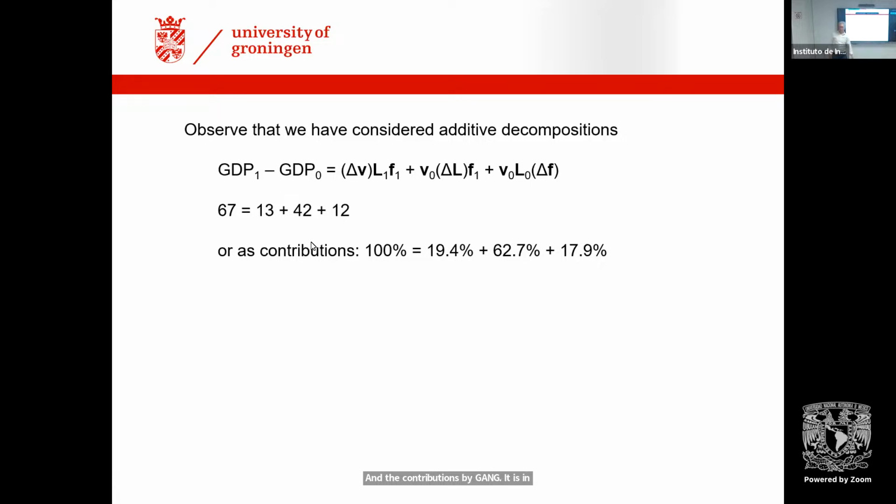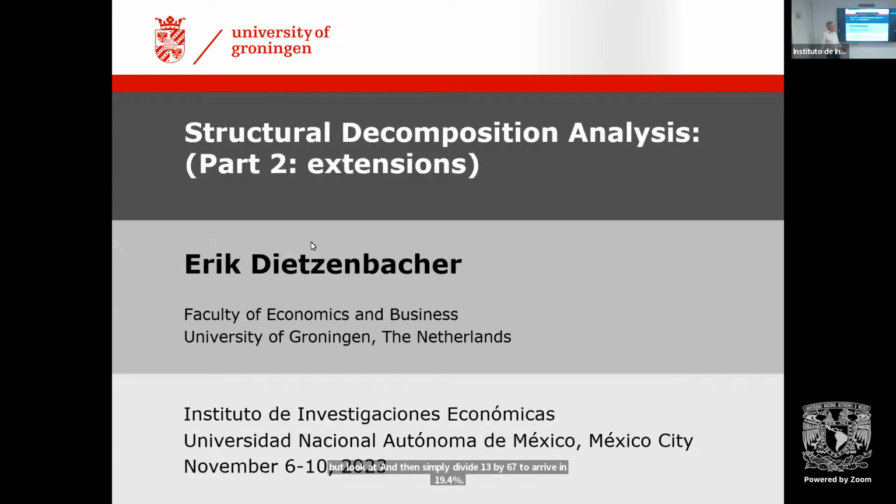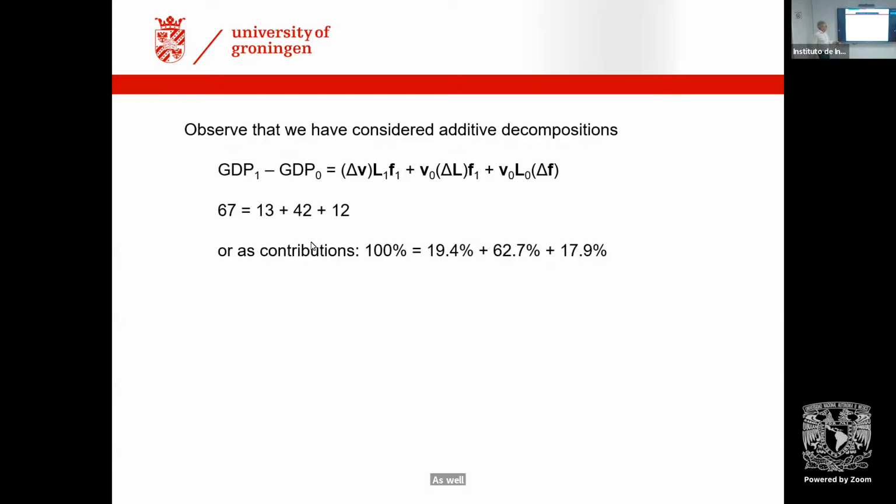What people often do is not look at the total, but look at the percentage contributions. And then simply divide 13 by 67 to arrive at 19.4%. That's what typically is done. So that was the basics. Any questions on the basics?